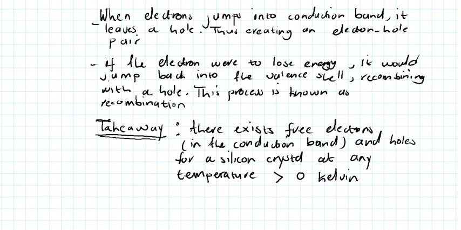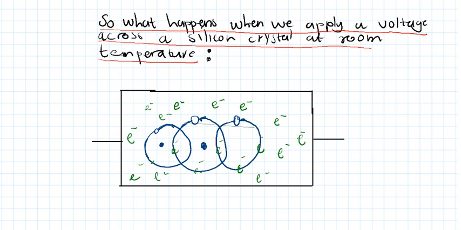Moving on. Now, let's look at what happens when we apply a voltage across a silicon crystal which is at room temperature, meaning the temperature of that silicon crystal is above 0 Kelvin. So we are guaranteed that electrons do exist in the conduction band because they have enough energy to move into the conduction band.